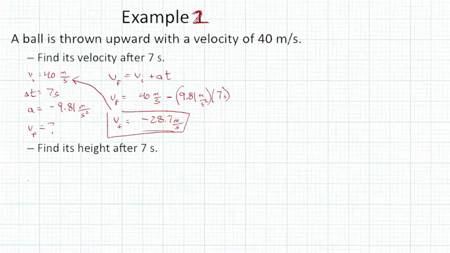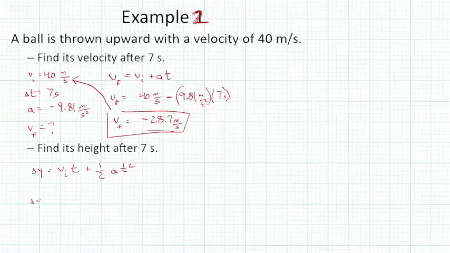Again, the setup is the same as last time, but let's just punch it through. I have all my givens up here, so I'm not going to write them down again for the sake of time. But our equation that we're going to use for the change in height is initial velocity times time plus 1/2 times acceleration times time squared.